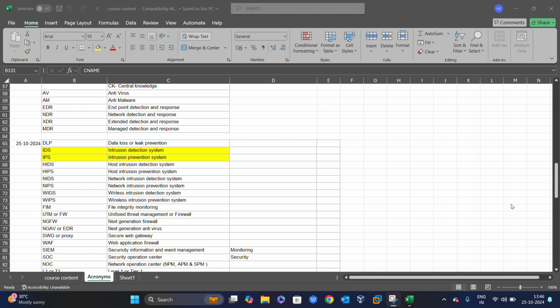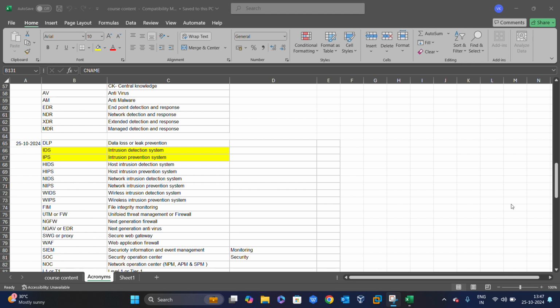Whenever any attack is happening via the network, these solutions will work. NIDS will only detect, but NIPS will do detection as well as blocking. NIPS is the network intrusion prevention system.